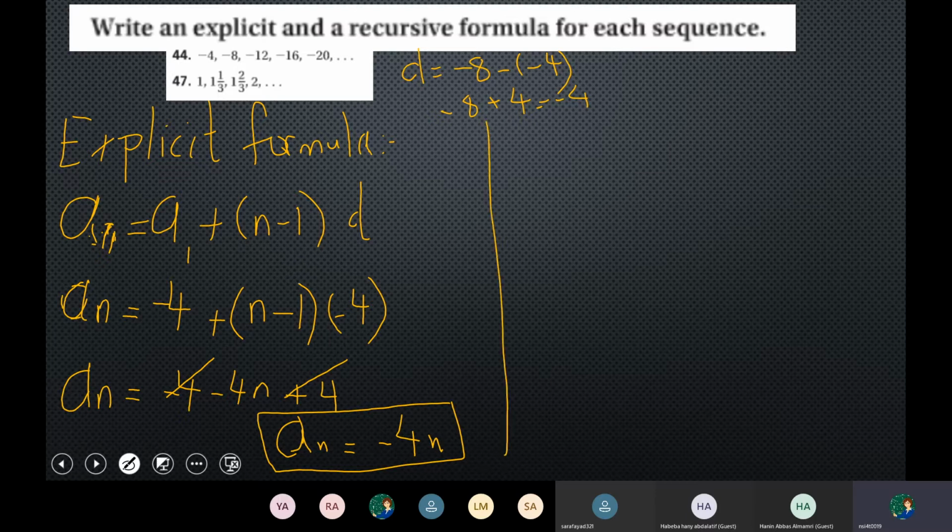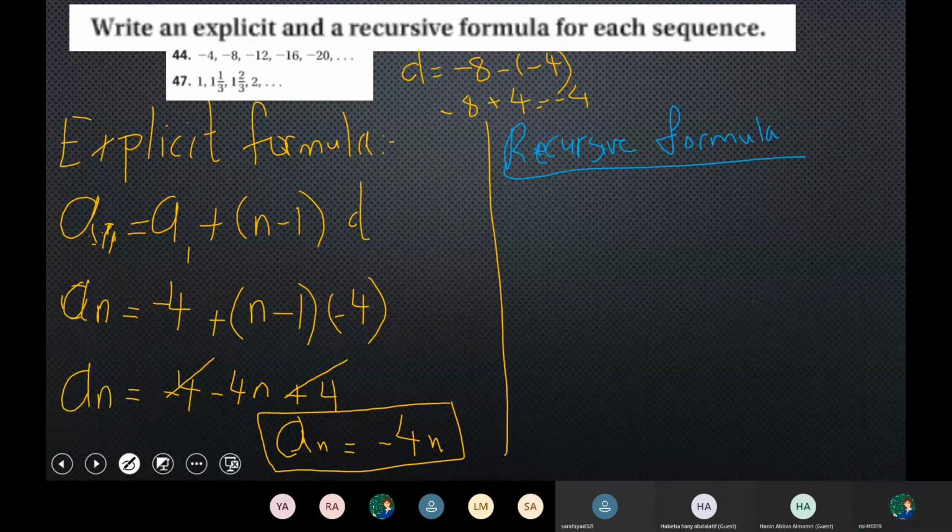Now let's find the recursive formula. Yara, I want you now to find the recursive formula.